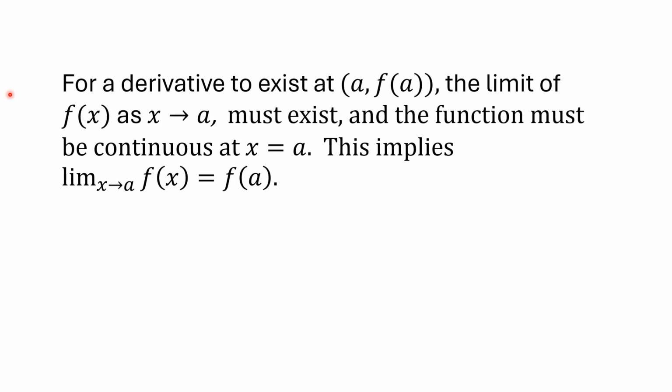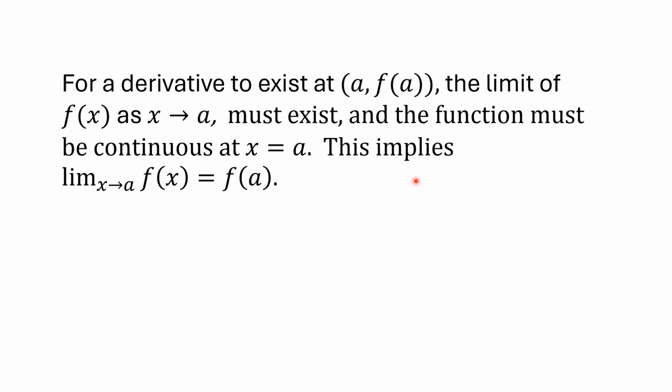For a derivative to exist at a, f of a, the limit of f of x as x approaches a must exist. You can't have something that does not have a limit. Something like an absolute value even, where the graph goes down on one side and up on the other with a sharp point.